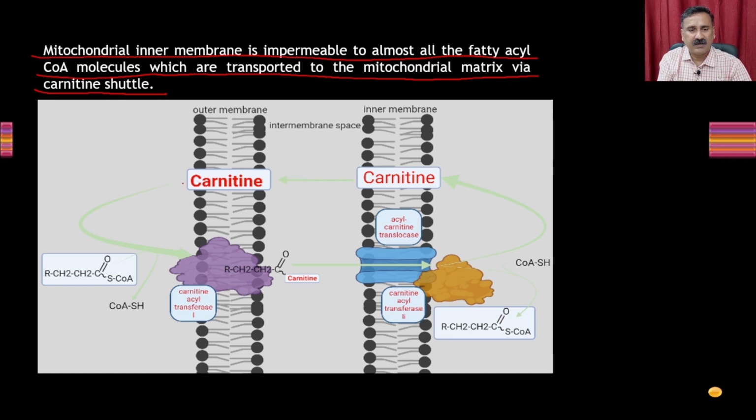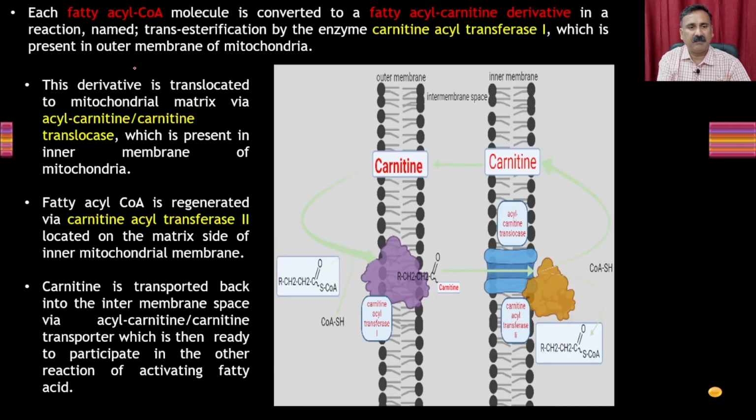Here you have the carnitine protein and also the carnitine acyltransferase, and these two molecules participate in a shuttling process, and that's how it takes the fatty acyl CoA from the cytosolic side and transports it into the mitochondrial side. How does that happen?